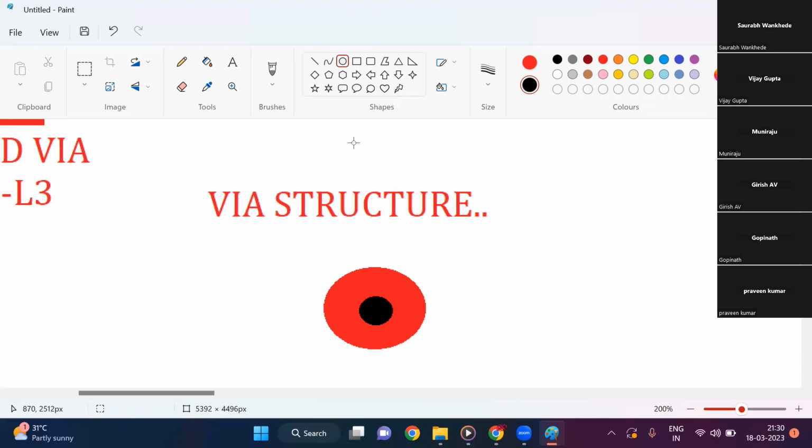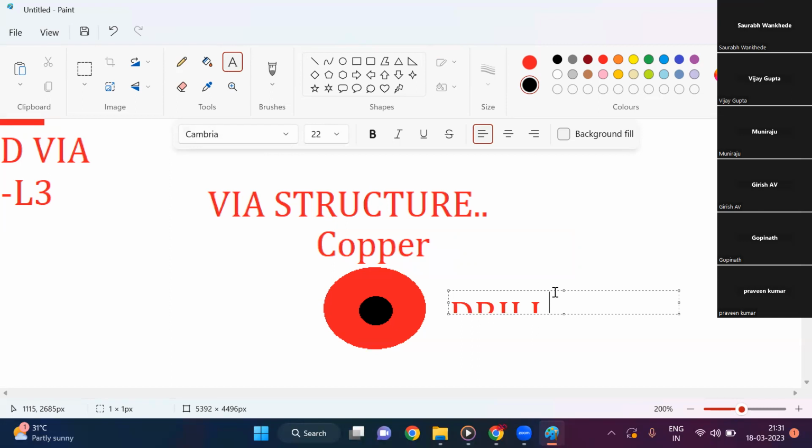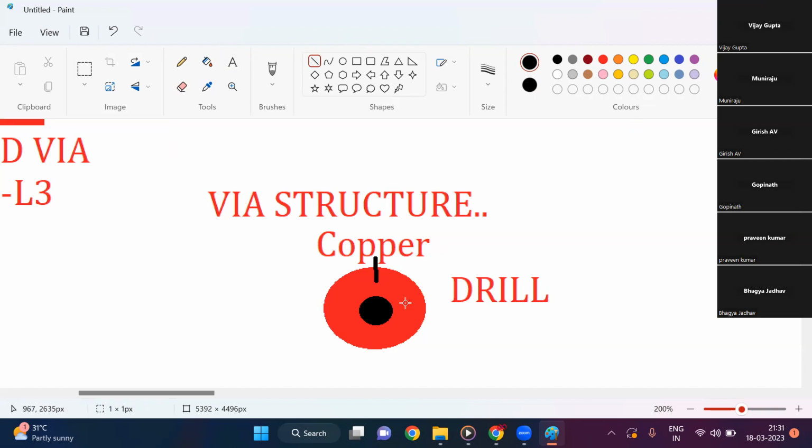So this is our copper. The red one is our copper, and this black one is the drill.